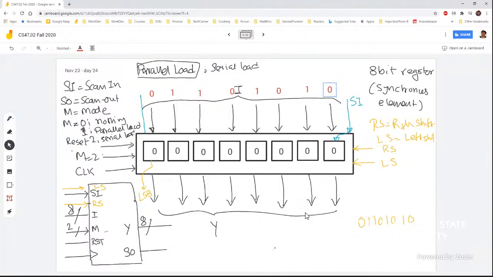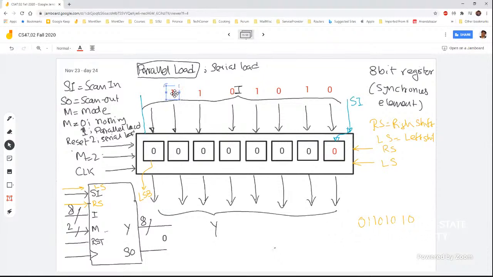Now in mode 2, that is serial load, each clock I will send in one data. I will send in 0 first, and in that clock it will throw this out and shift these bits. So in the scanning, it will shift towards the left and new bits come in.